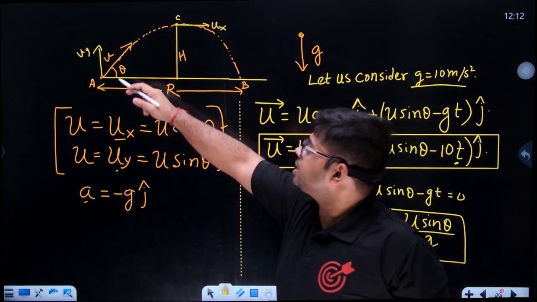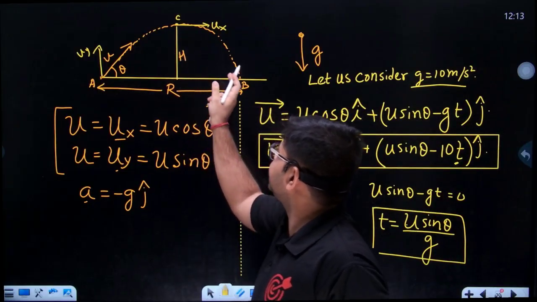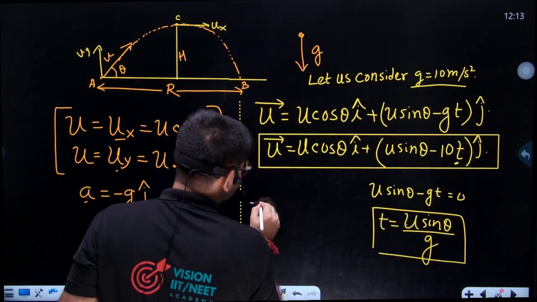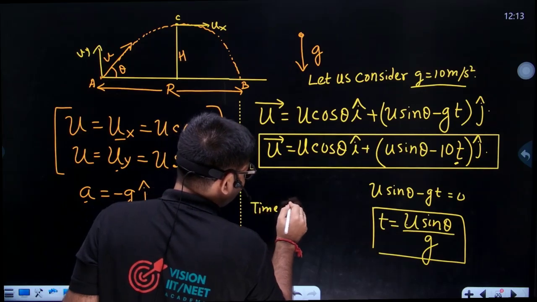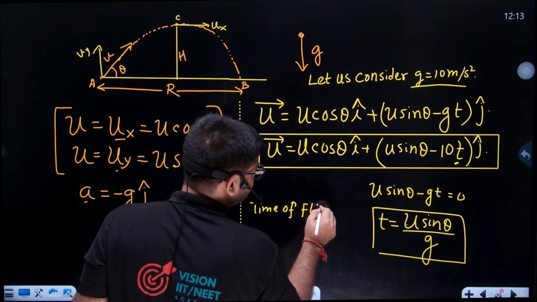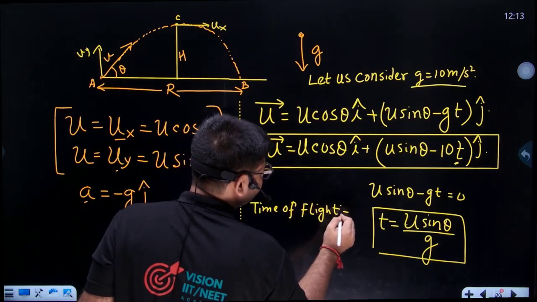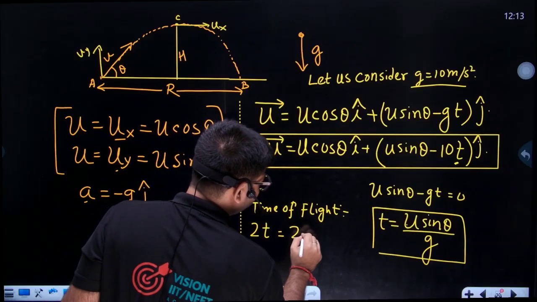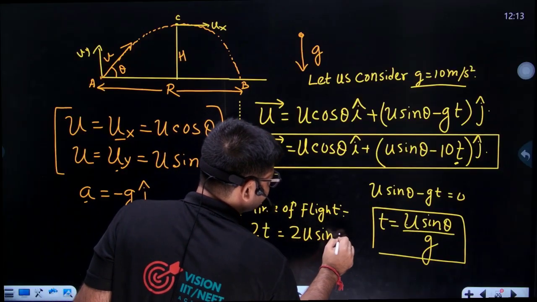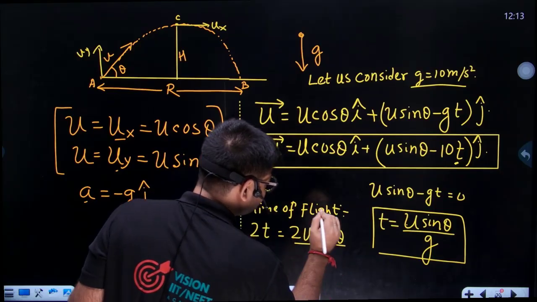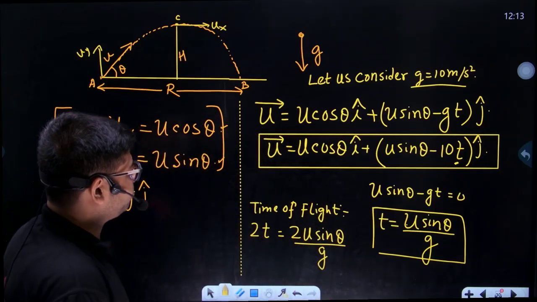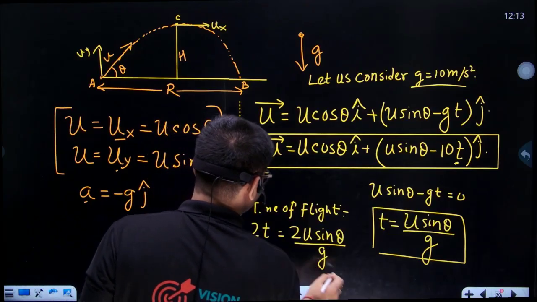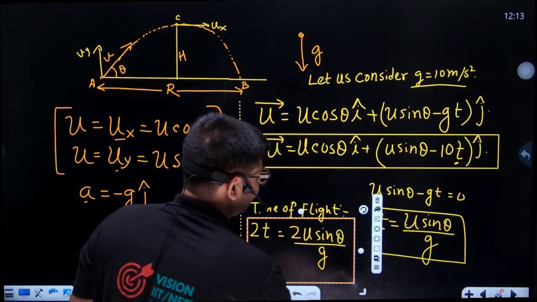A to C जाने में जितना टाइम लगेगा, C से B तक आने में उतना ही टाइम लगेगा. So my total time of flight is going to be 2 times t, which is nothing but 2u sin theta by g. This is my time of flight.